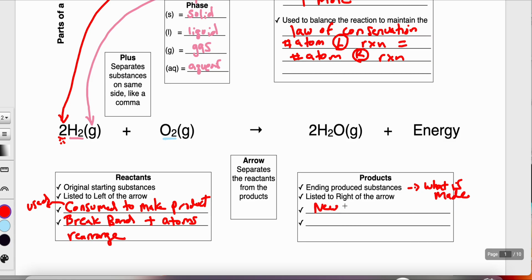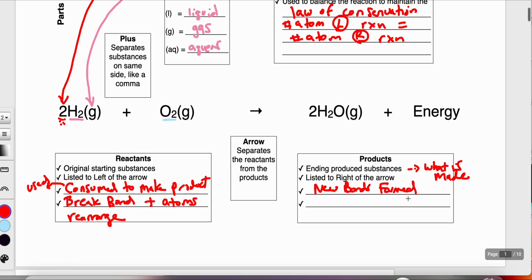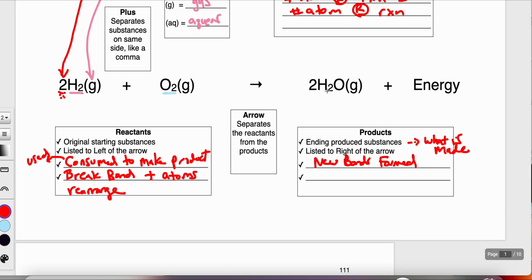So this is a different substance. And because there's a new bond, there's a new atom composition and ratio in these formulas, these substances end up with a new formula and name, which means that they have different or new properties compared to what we started with.